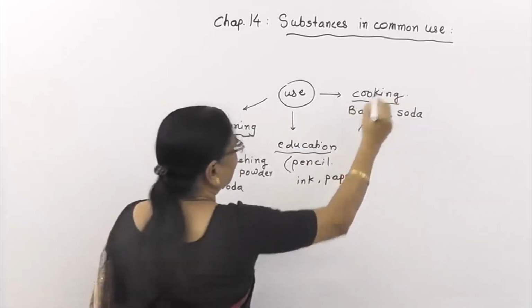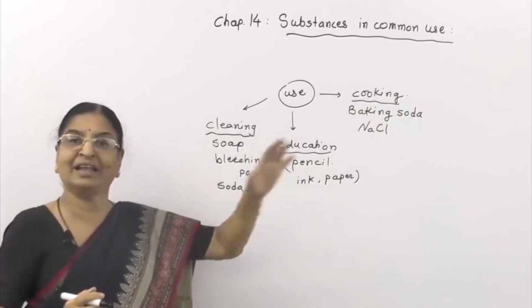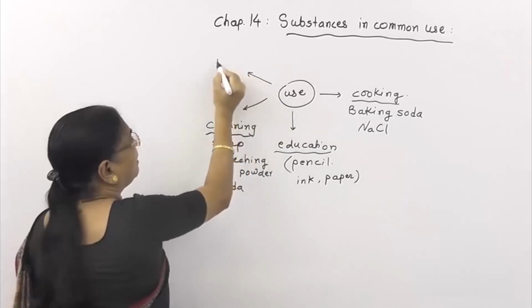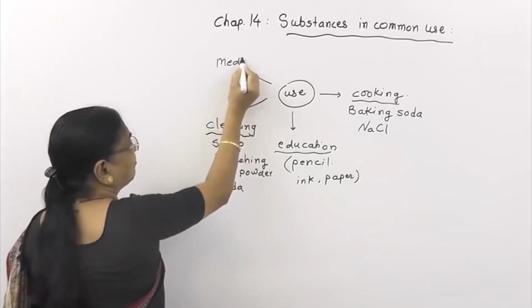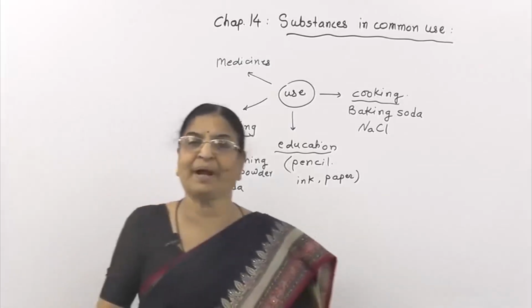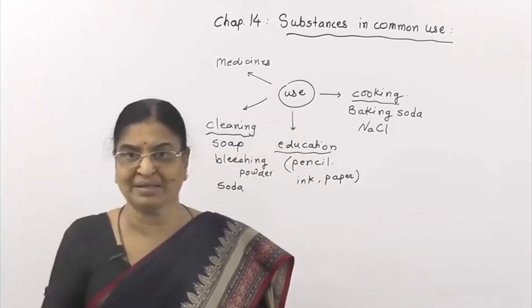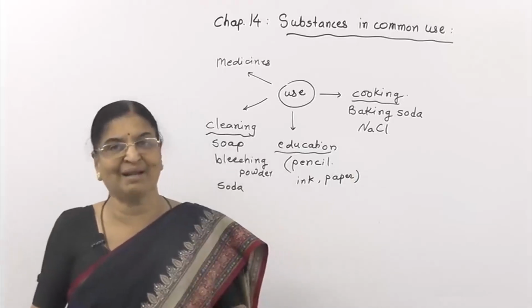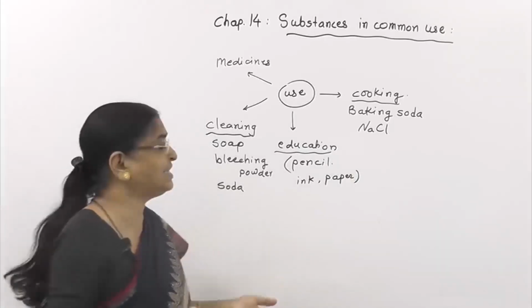I am classifying the substances according to their use. Medicines are also prepared from different types of chemicals, and we can use these chemicals to cure our diseases.